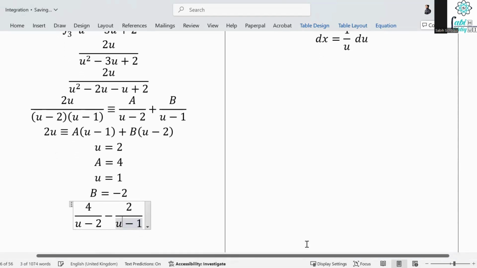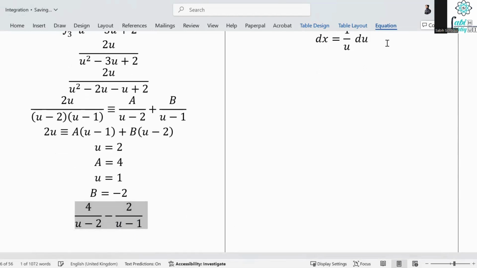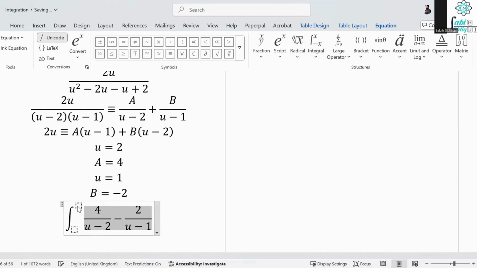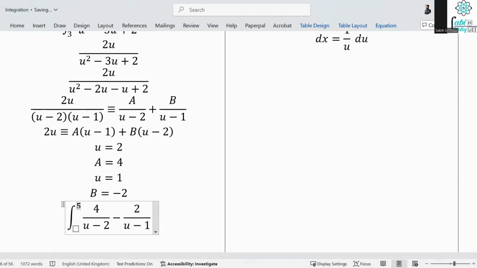Remember, we have not integrated till this point. Now this entire thing needs to be integrated. Upper limit is 5, lower limit is 3. And remember, because they are adding and subtracting, I can integrate them separately. Yes, so what do I end up with?